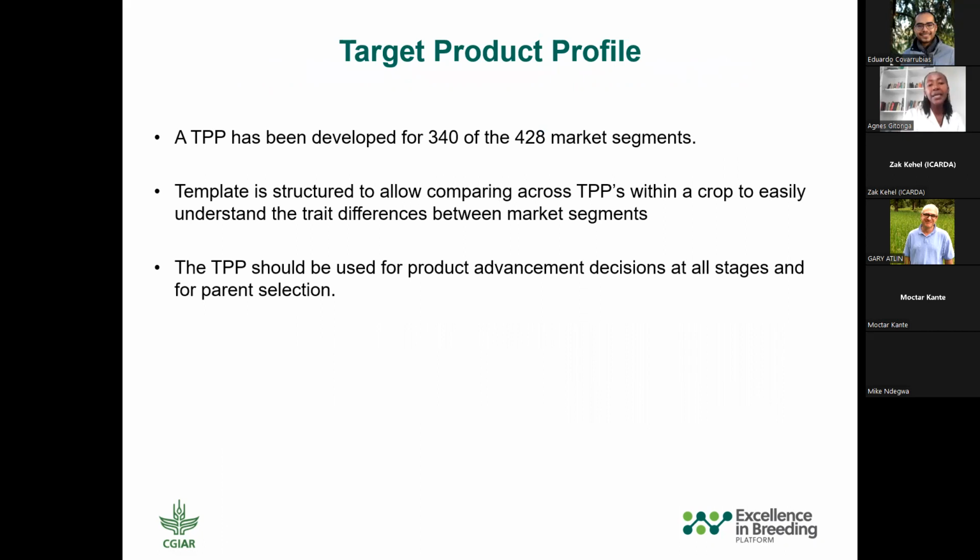What is good to note is what we talked about, defining the market segments very well, because what we do is put the target product profiles for crops across, so that we are able to compare the traits that have been listed. Are they essentially different or not? If there are no differences, then we need to look at the definition of the market segments.